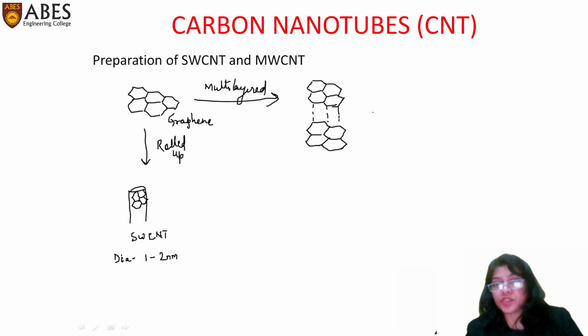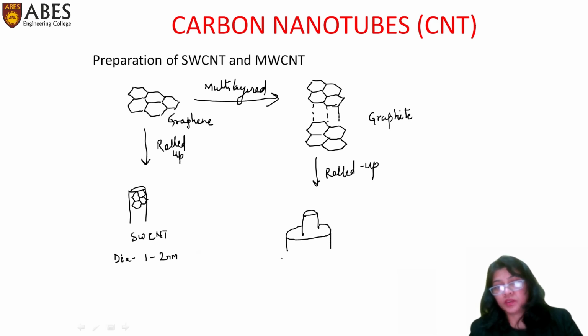When graphene sheets are layered up, they form graphite. When this graphite is rolled up, it forms multi-layered, multi-walled carbon nanotube.